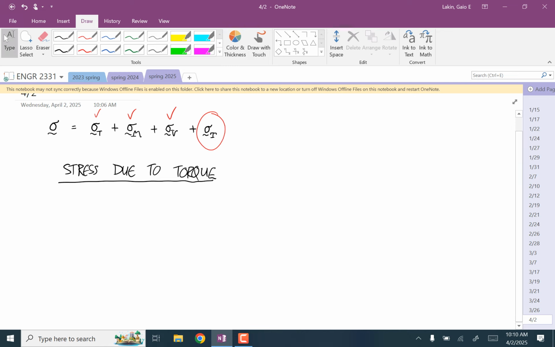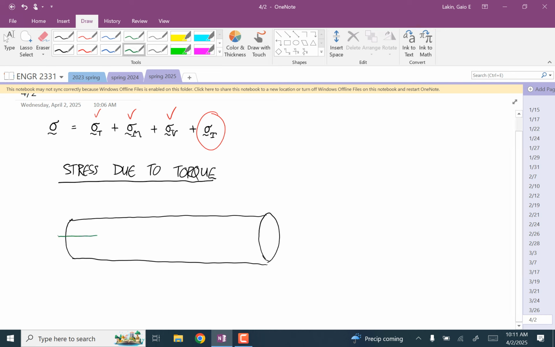And so let's first visualize how this happens. I've done that with each of them so far. So if you have a beam, let's think of one with a circular cross section. And our coordinate system is that.